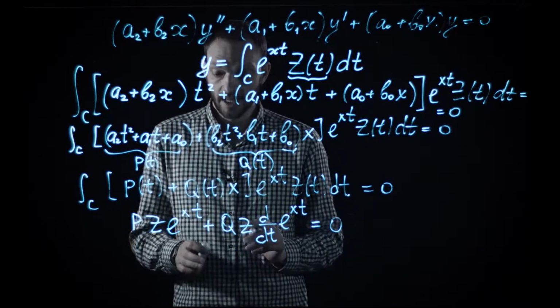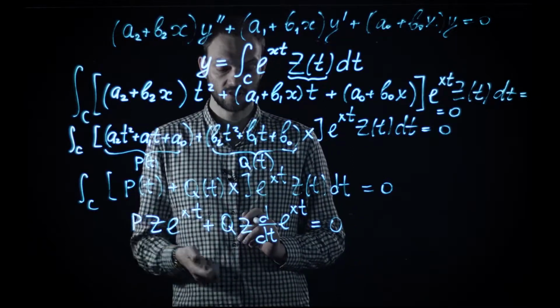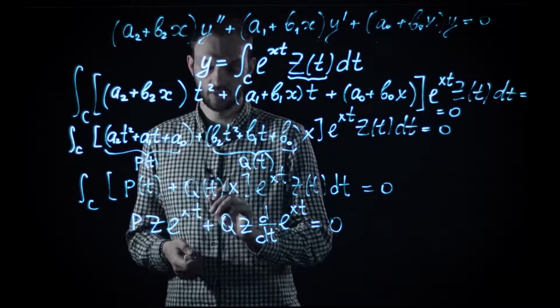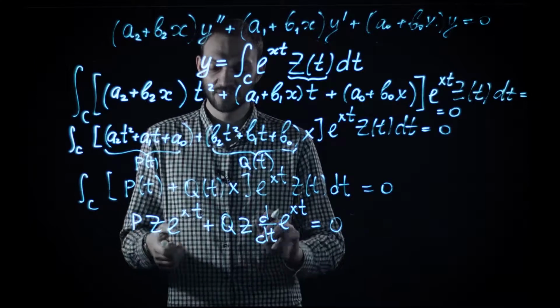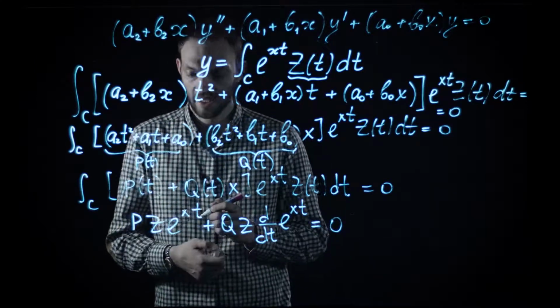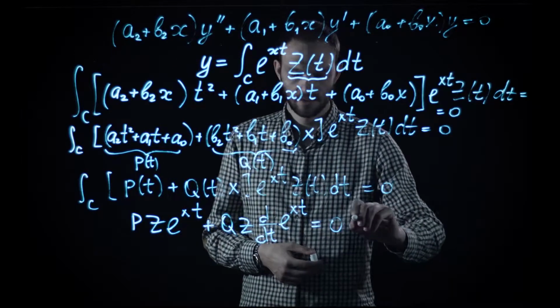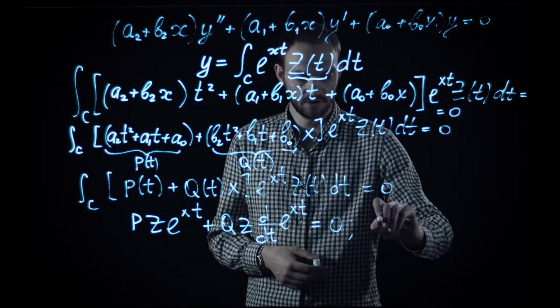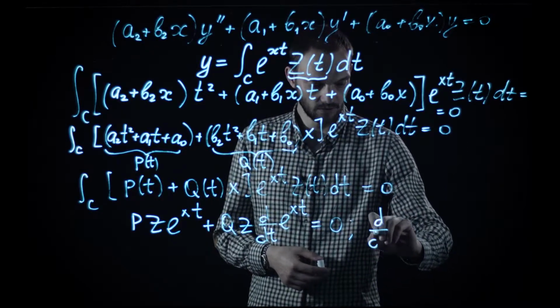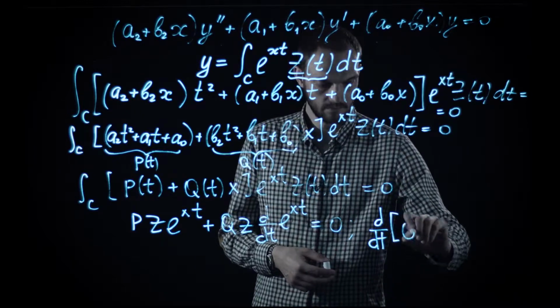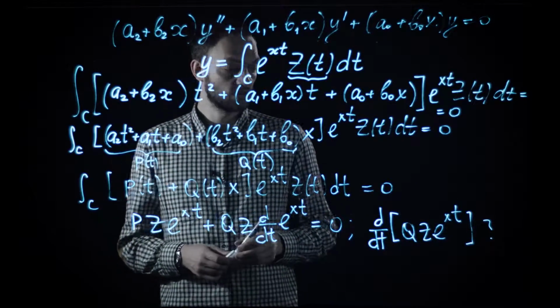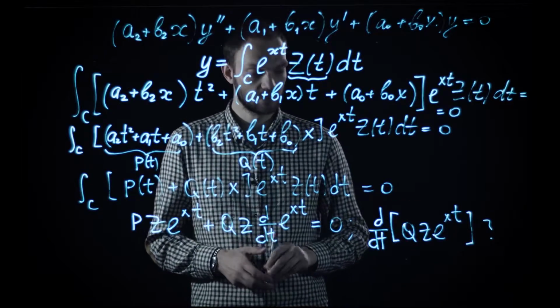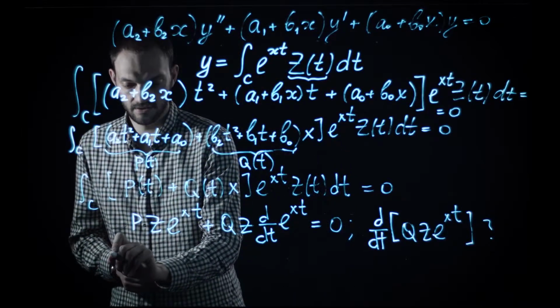It has a lot of chances to be a full derivative, because it already reminds us of a full derivative of some product. So we will require it to be a full derivative of the following expression. And this gives a certain equation for the independent function z.